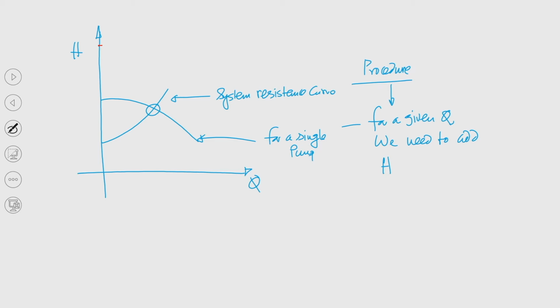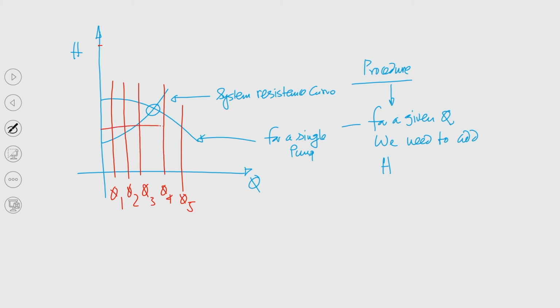Similarly, if we take at least 4 or 5 different Q, so this is Q1, Q2, Q3, Q4 and Q5. So, for that amount of Q we know this is H5, this is H4, this is H3 like this.